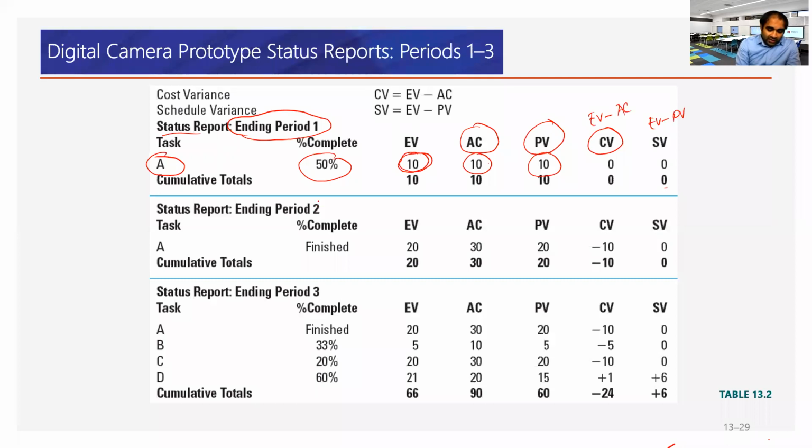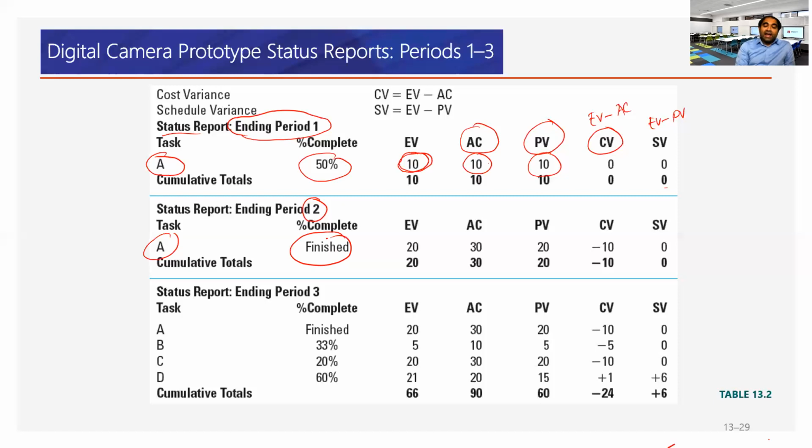End of period 2, now let's move on to the end of period 2. From the status report, we can see that now A is finished, 100% complete. B, C, D, E, F are not started yet, right?